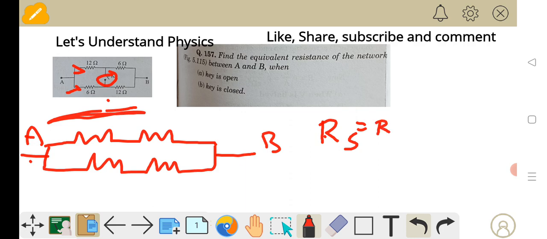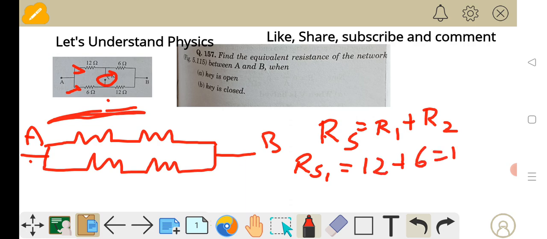Rs is equal to R1 plus R2. Then for this path, above path I am taking Rs1. What are the values? 12 plus 6 is equal to 18 ohm. In the same way Rs2, what are the values we have for resistance? 6 and 12. 6 plus 12 will be equal to 18 ohm.